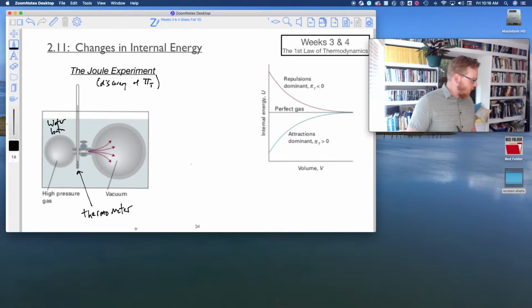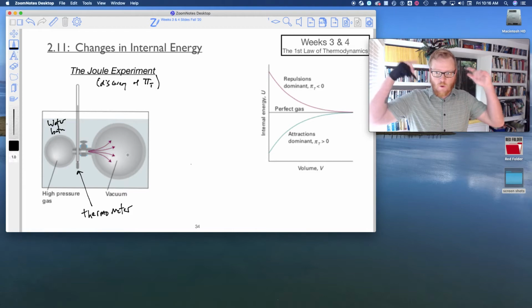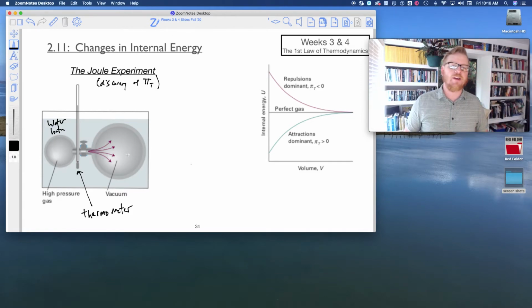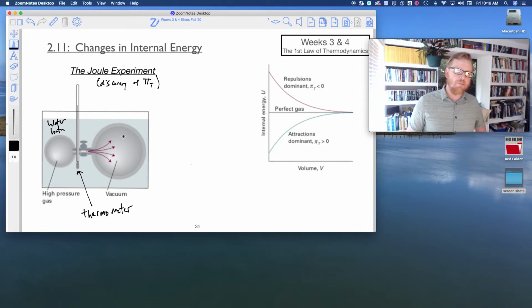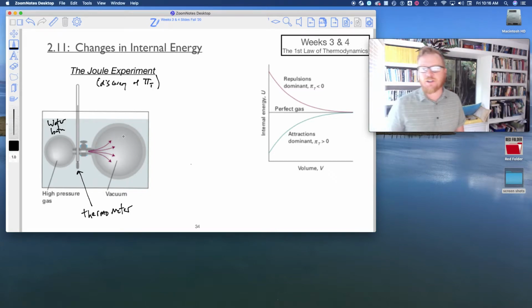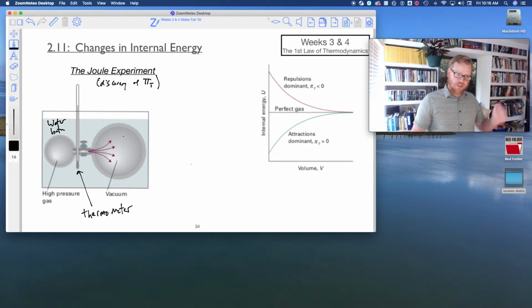So what Joule did in this experiment was expand this gas from high pressure into vacuum and think, if there's some type of interaction between these particles, and the whole idea of ideal gas law and real gases was still being worked out at this time, then as they expand away from each other, there should be some temperature change as a result of the conversion of potential energy to kinetic energy, fueling the separation of the gases.